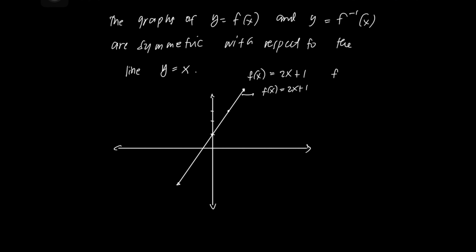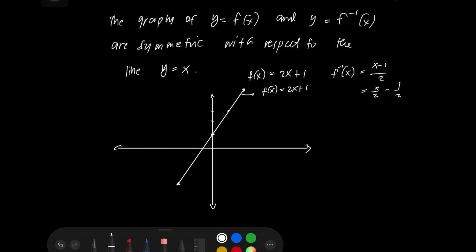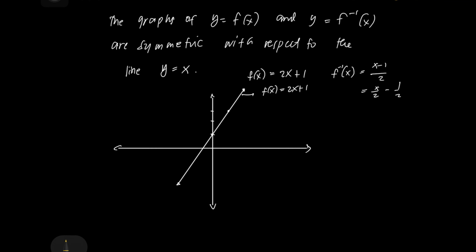And what is the inverse again? The inverse of this is (x minus 1) over 2. So this is x over 2 minus 1 half. Let's use another color for it. Let's have yellow. So the y-intercept is negative 1 half. This is 1, and this is negative 1 half here.